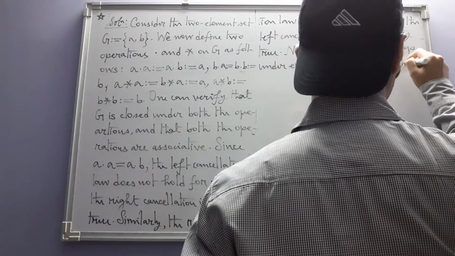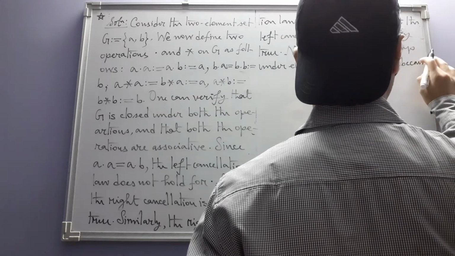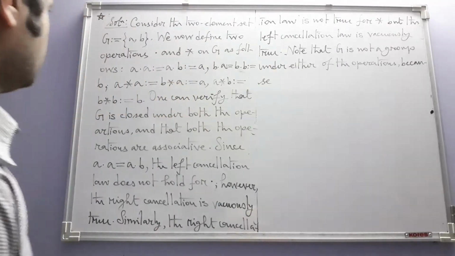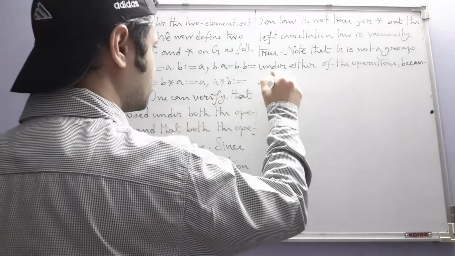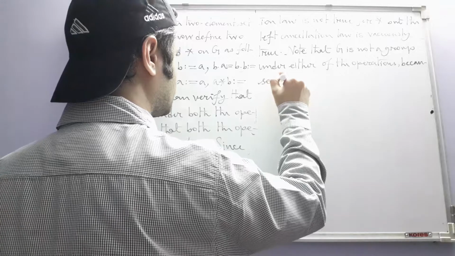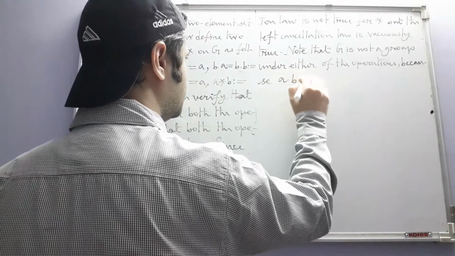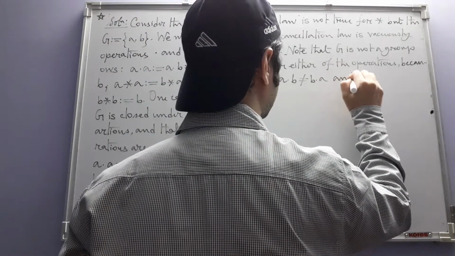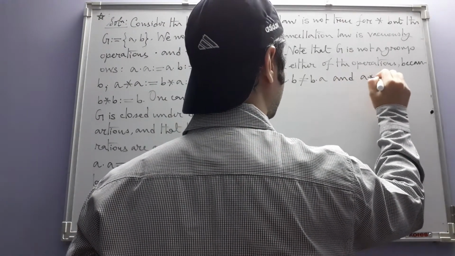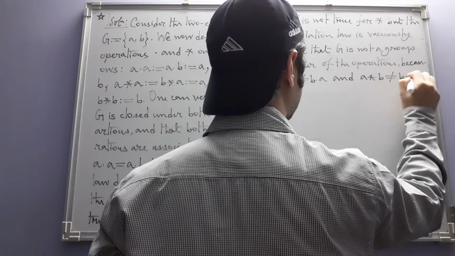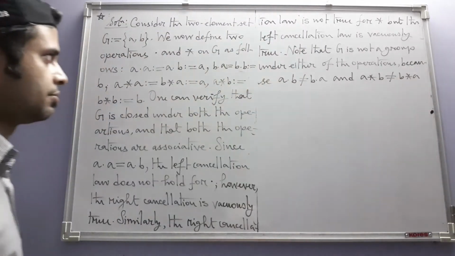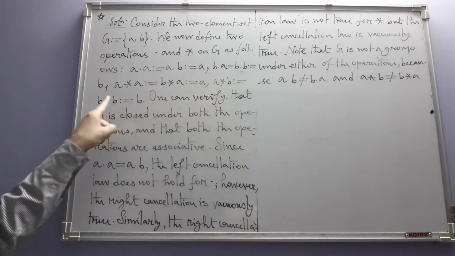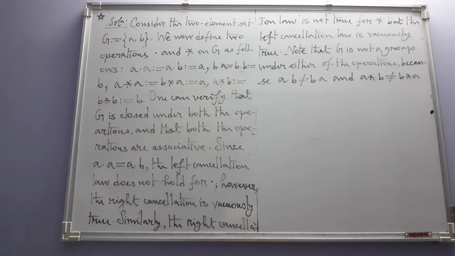Because a dot b is not equal to b dot a, and a star b is not equal to b star a. a dot b and b dot a are different, and so are a star b and b star a.